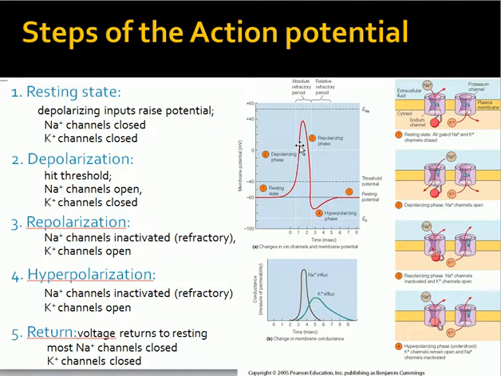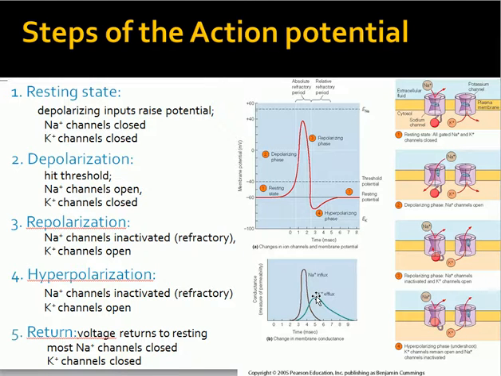You're going to go up, they're going to open, and what you can see here is the same thing as this picture, except this is the individual sodium and potassium channels, whereas here it's them added together. So you start up, you hit that depolarization threshold, and now sodium starts to come in, then sodium starts to drop off, while the potassium starts to come in.